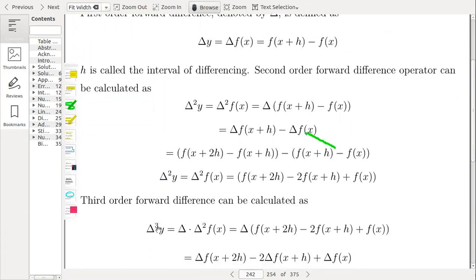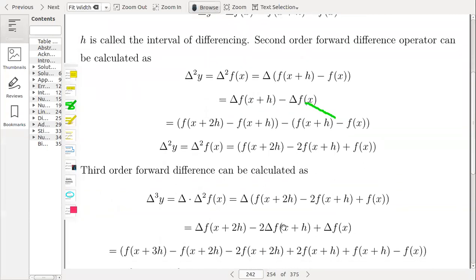Similarly, the third order forward difference can be calculated by applying delta another time. Here delta into delta square will be delta cube, so delta into delta square f of x is equal to delta of f of x plus 2h minus 2 f of x plus h plus f of x.